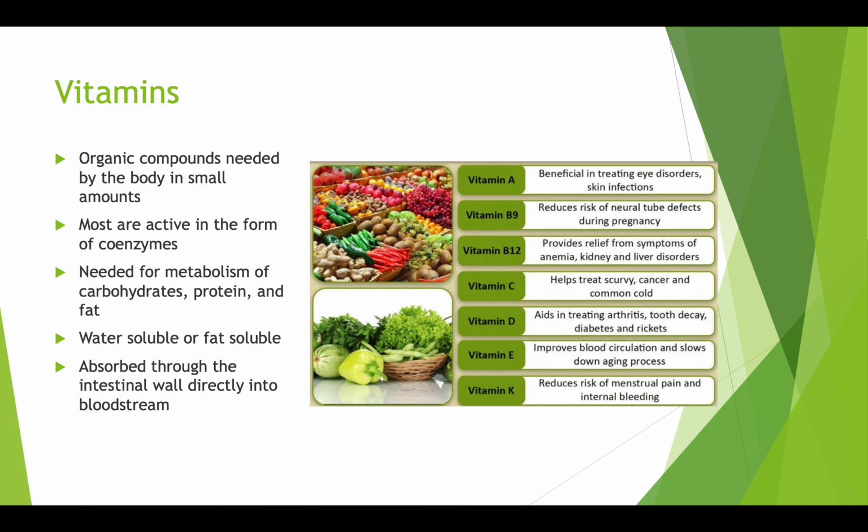I've got some listed over here for you. Vitamin A is beneficial in treating eye disorders. B9 for neural tube defects. B12, relief from symptoms of anemia. You can have a B12 deficiency anemia. We'll talk about that in a little while. Vitamin C, scurvy, etc.